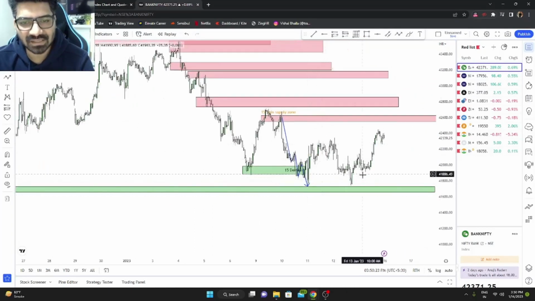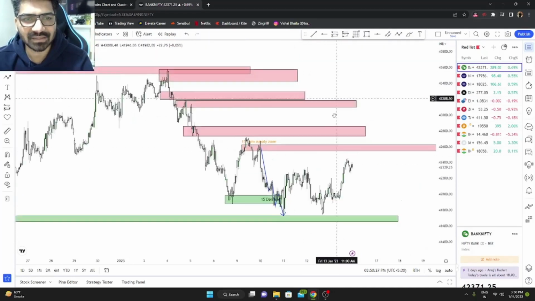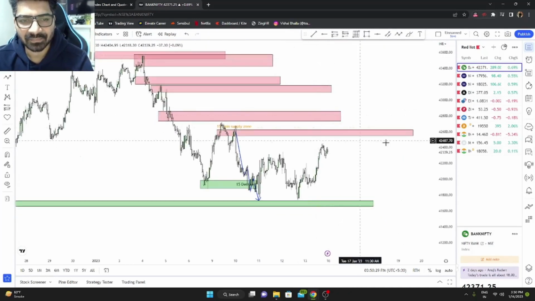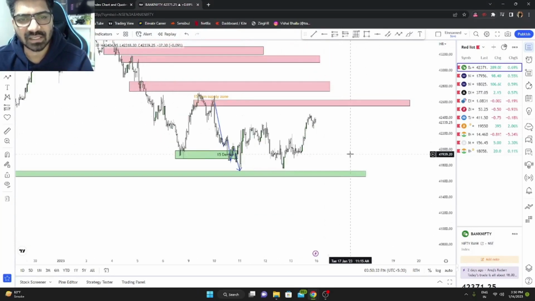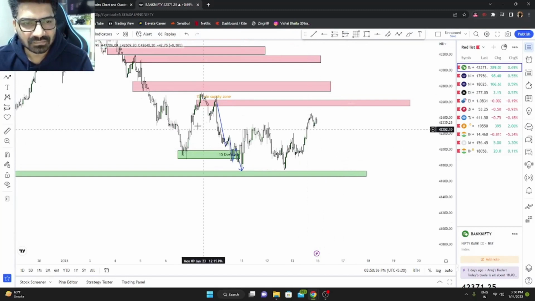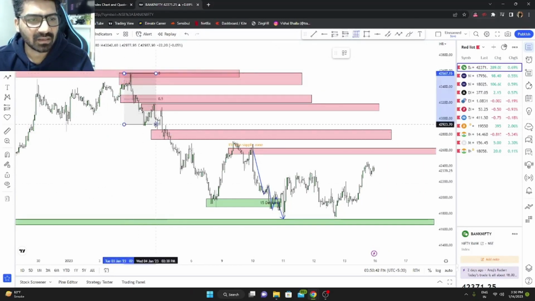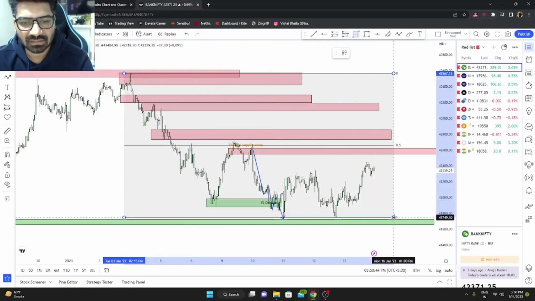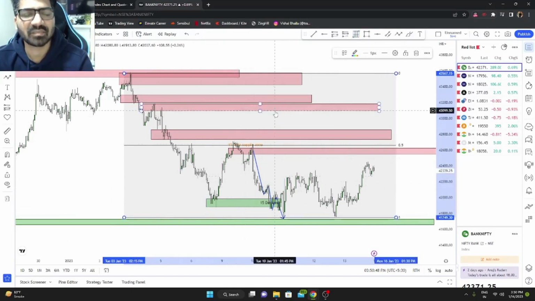So we are getting certain reaction. I'm not saying this will work and the market will break all of these supplies and straight away start going up. We'll see how the prices develop, and then we'll probably consider taking a few trades. Right now, if I consider this as our leg, this is where the market is. So this is our discounted area, this is a premium area.